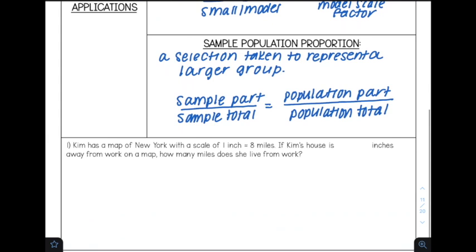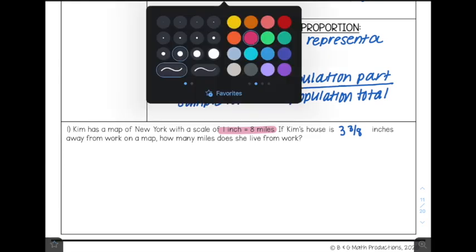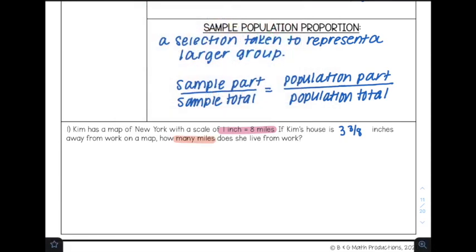So the first question, Kim has a map of New York with a scale of 1 inch to 8 miles. If Kim's house is 3 3/8 inches away from work on a map, how many miles does she live from work? So we're given the scale, inches to miles, and then we need to be figuring out how many miles. So when we talk about how many miles, we're actually talking about the real life or actual distance.